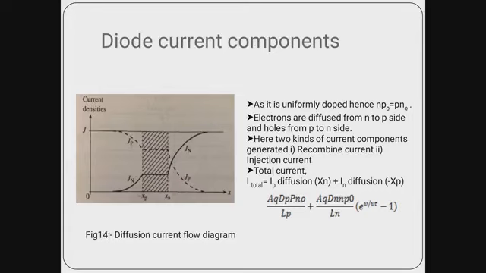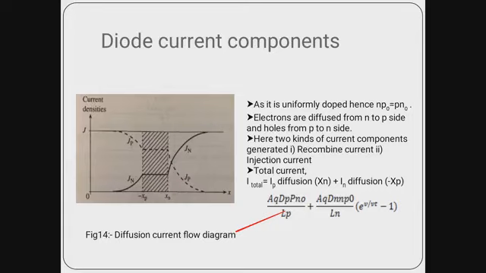When x is equal to xn, first we take the IP diffusion. IP diffusion means the holes diffused from P to N side become minority carriers after diffusion, and that is denoted by IP diffusion across the N-type semiconductor. Similarly, when electrons are diffused from N to P side, that is denoted by IN diffusion in the P-type semiconductor.